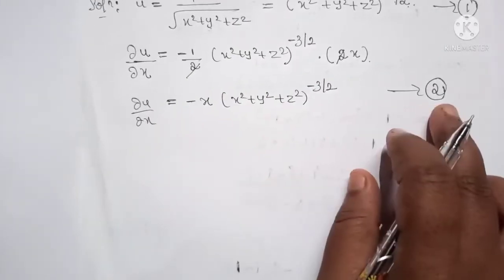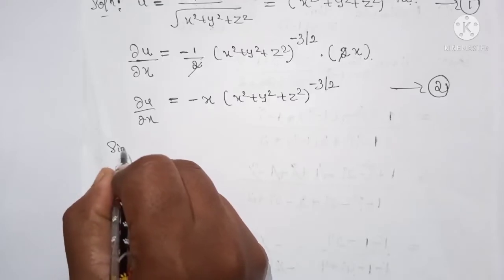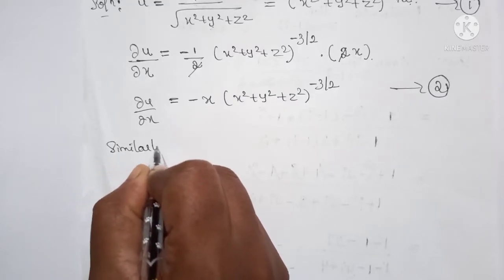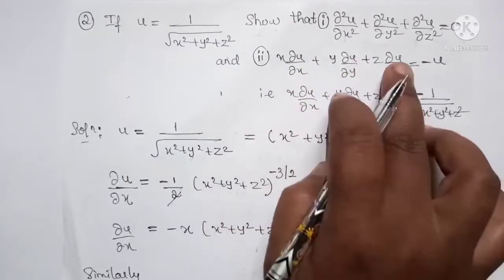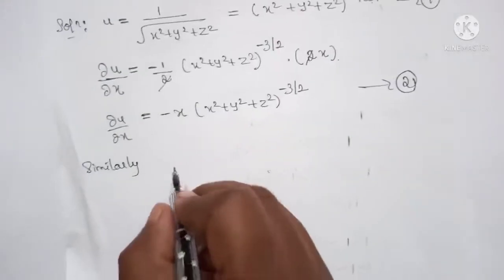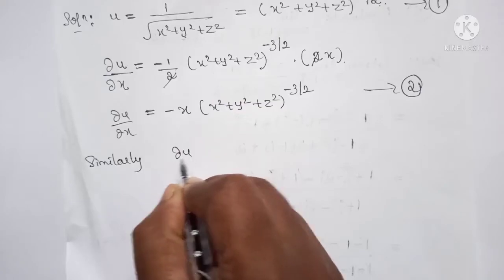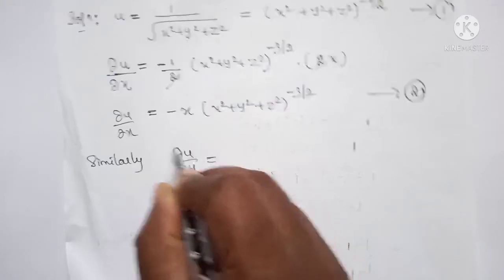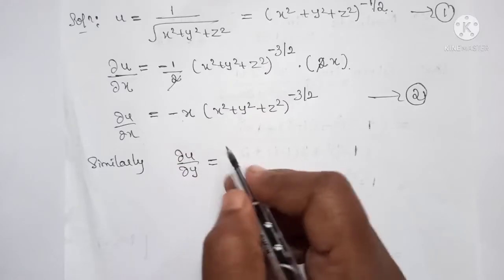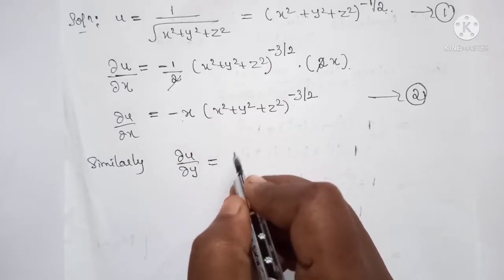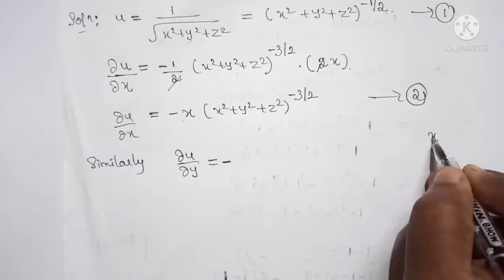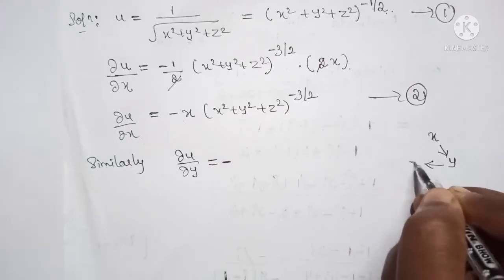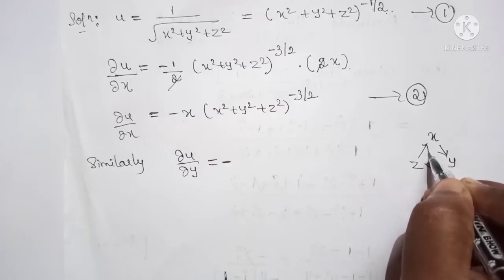Because in the proof we need the dou u by dou x value, dou u by dou y, and dou u by dou z, all three partial derivatives, we write dou u by dou y also. Simply replace x, y and z in the cyclic manner: x is replaced by y, y by z and z by x.